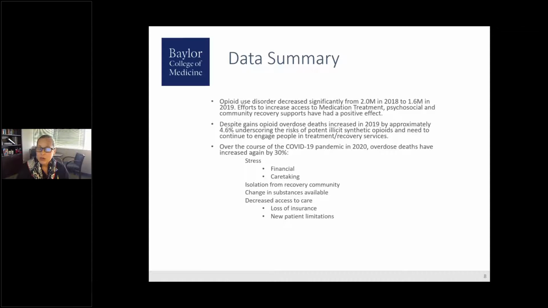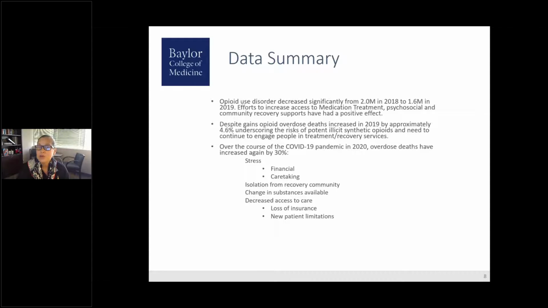We've seen a decrease in access to care with the loss of employment, loss of insurance, and then a lot of treatment facilities have had restrictions on new patients, their ability to take on new patients given pandemic protocols that are in place to ensure their safety, particularly in residential treatment settings, and a switch to all online treatment modalities, particularly for medication therapies, excluding methadone.